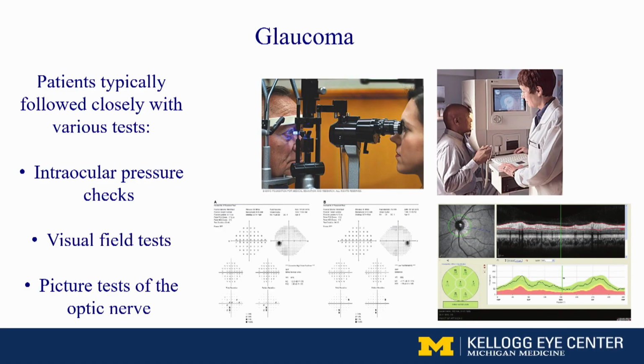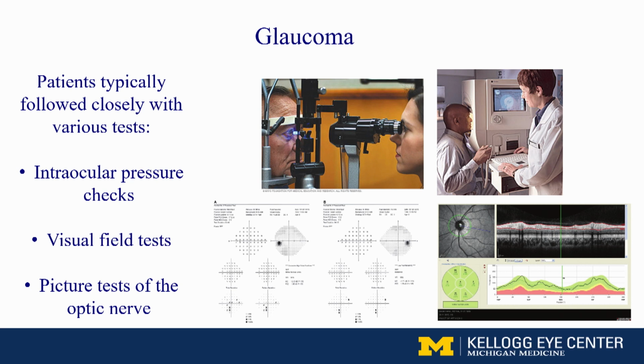Okay, so when you come in for glaucoma testing, we do lots of tests, that's another thing, we like lots of tests for glaucoma. So we'll check your intraocular pressure, we'll do visual fields, and we'll also take a picture test of the optic nerve, looking for thinning of the optic nerve over time. And it's kind of a puzzle when we put this together.